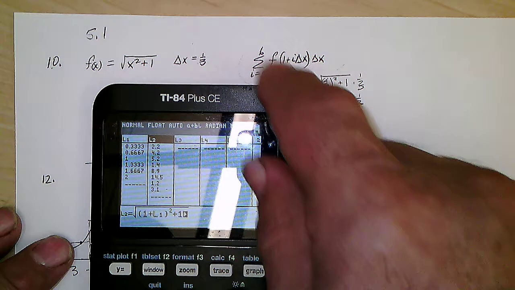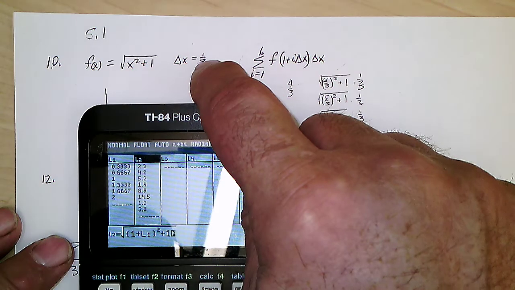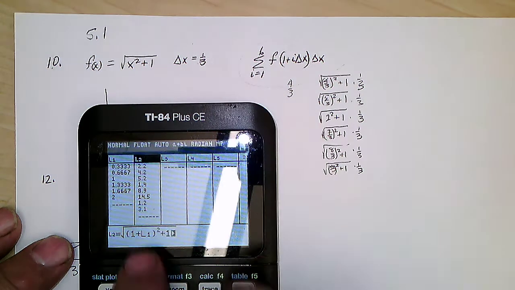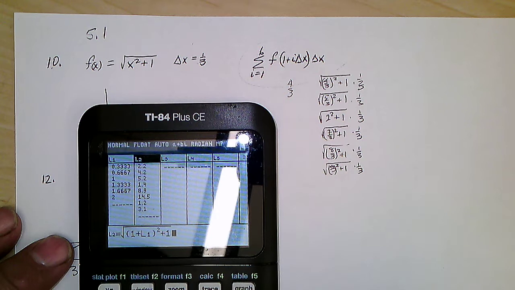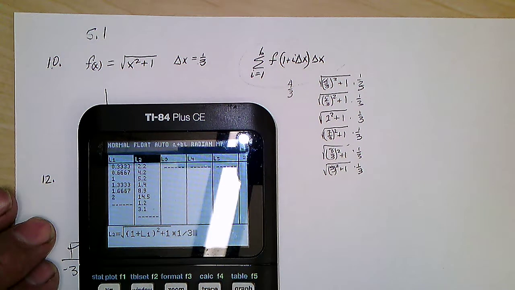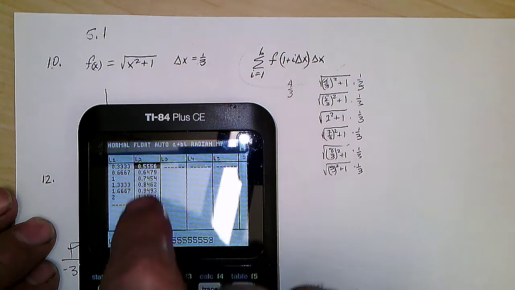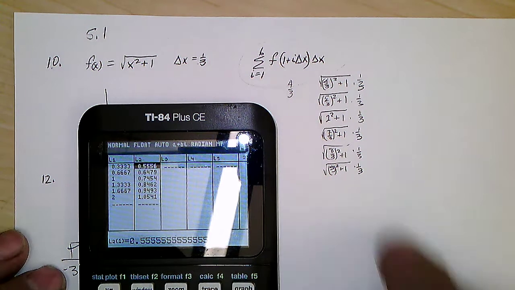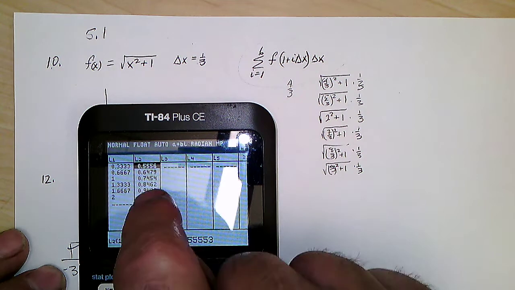So 1 plus 1/3, and then 2/3 and 3/3 and 4/3, all those squared plus 1, and times 1/3. And so there's list 2. That's all of these figured out, and now I just have to add those up.